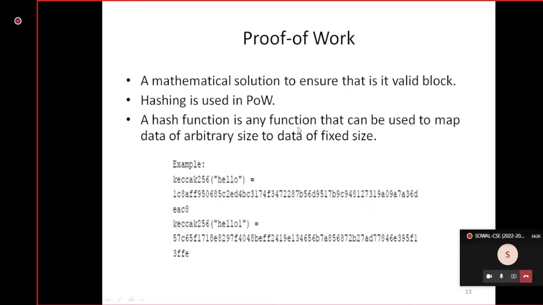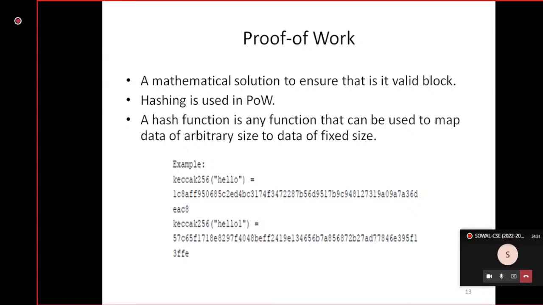A hash function is any function that can be used to map data of arbitrary size to data of a fixed size. Whatever data I give into the hash function, it will generate a unique hash value, and this hash value is unique for all kinds of combinations.